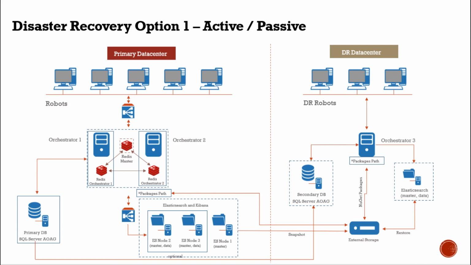In the disaster recovery data center, the same goes for the package paths. Whatever deployments have happened for the processes, the custom activities, libraries, things like that, all those package paths will also be stored in the external storage, and wherever that is stored will be configured as a NuGet package path for the orchestrator residing here.